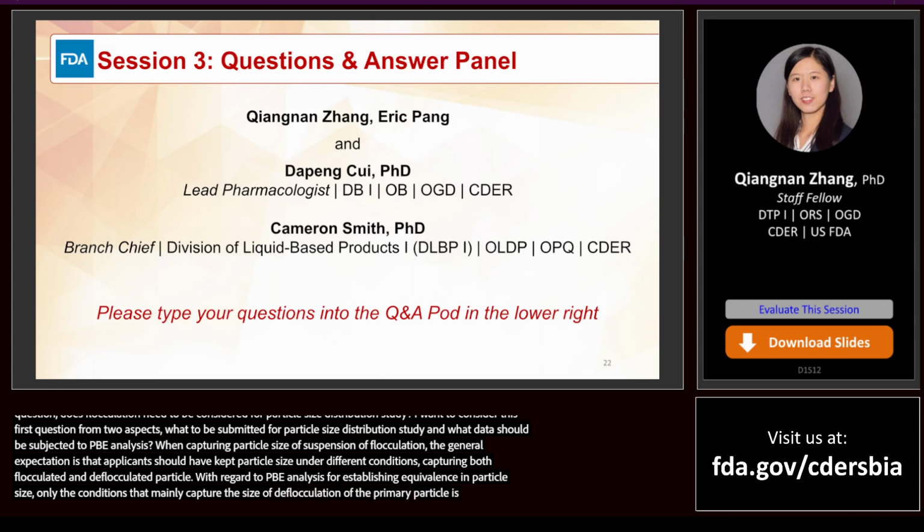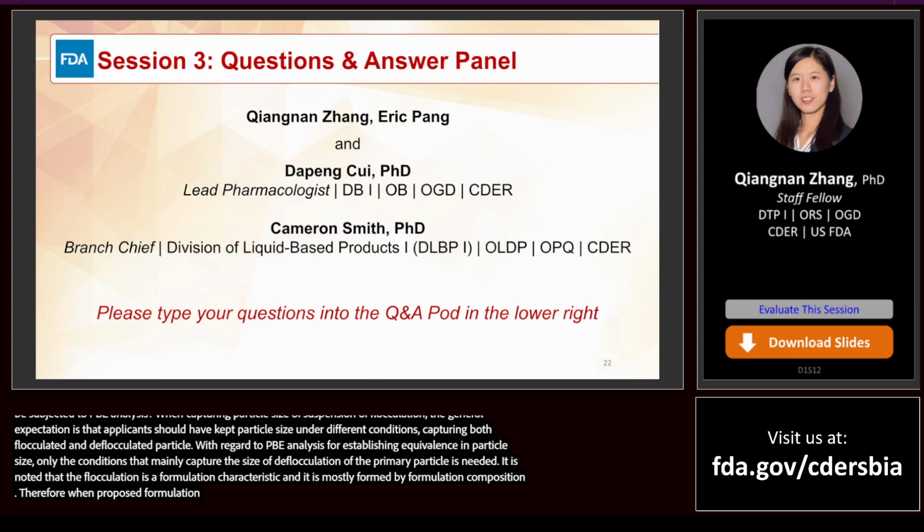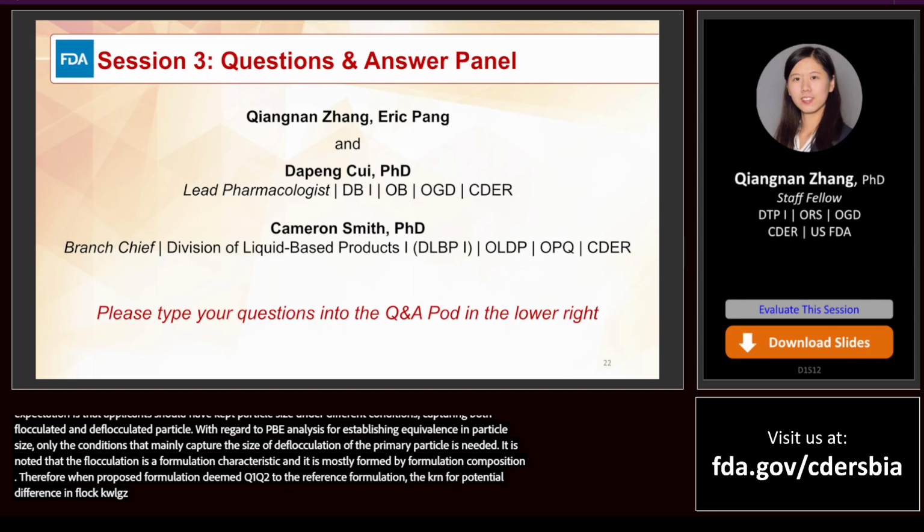It is noted that flocculation is a formulation characteristic, and it is mostly governed by formulation composition. Therefore, when a proposed formulation is deemed Q1, Q2 to the reference formulation, the main source for potential difference in flocculation behavior is the particle size of the primary particle.